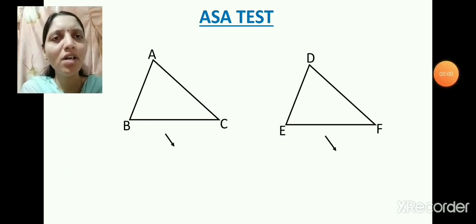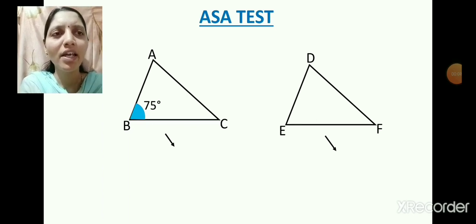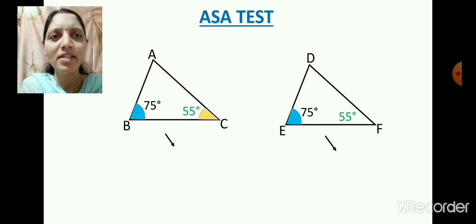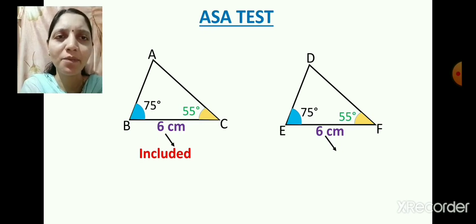In this figure, angle B is given as 75 degrees and angle E is also 75 degrees. In triangle ABC, angle C is 55 degrees and in triangle DEF also angle F is 55 degrees. And side BC is given as 6 centimeters and side EF is given as 6 centimeters.